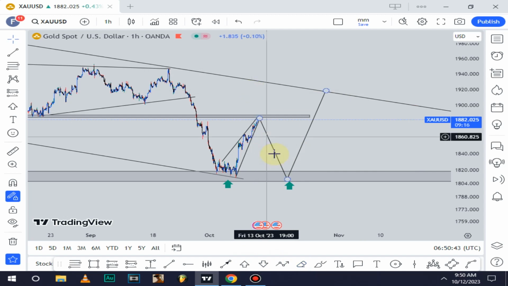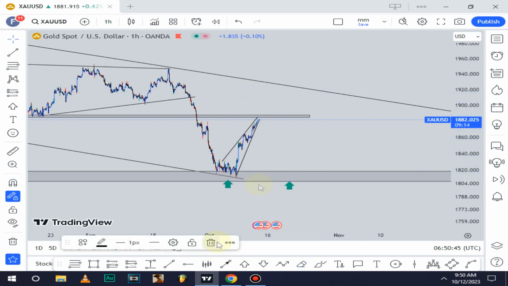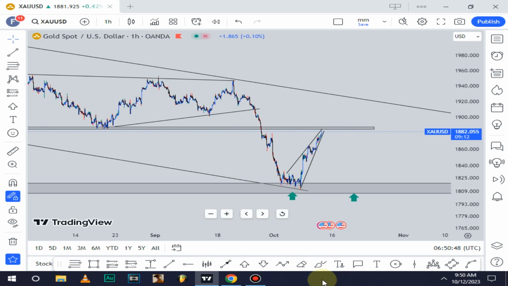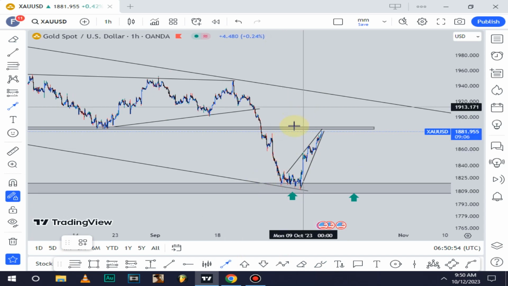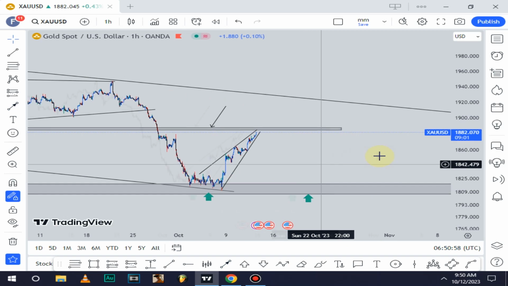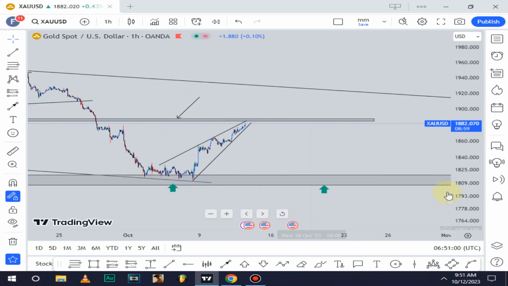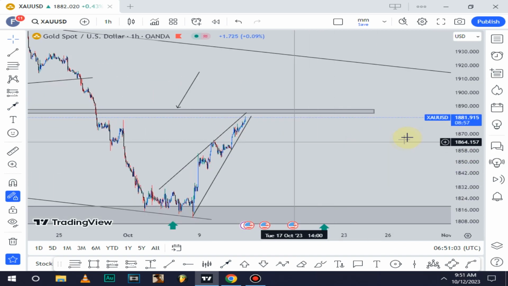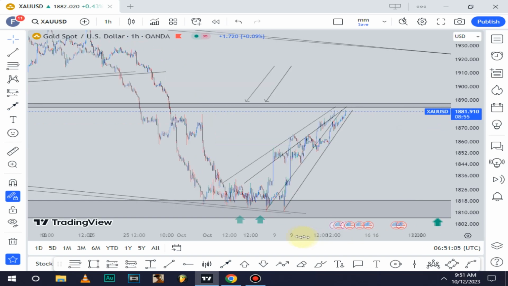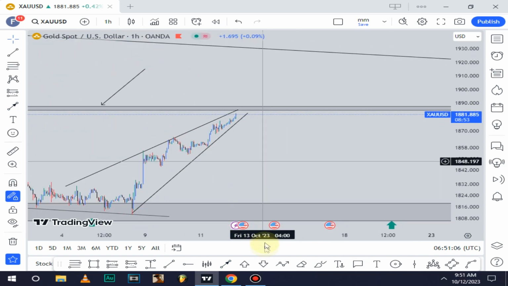Let's now work with what we are seeing currently. For now, we have to monitor and see how gold is going to behave around this flip zone over here, okay. We need to understand how price is going to react around that zone. For a good sell entry, we should see some reversal structure around that flip zone. So this is what I mean.